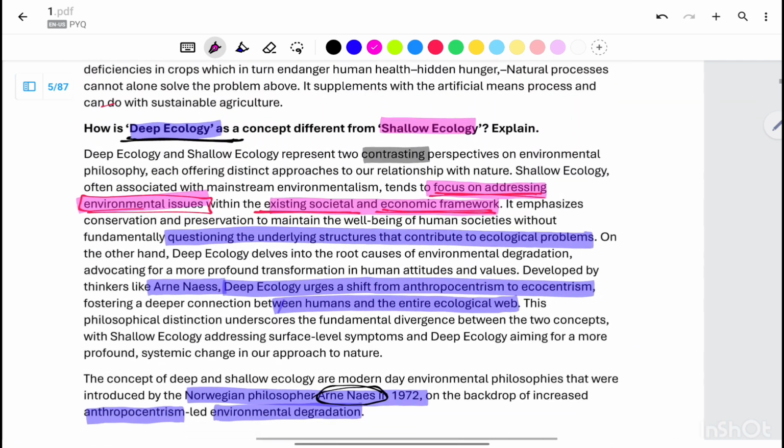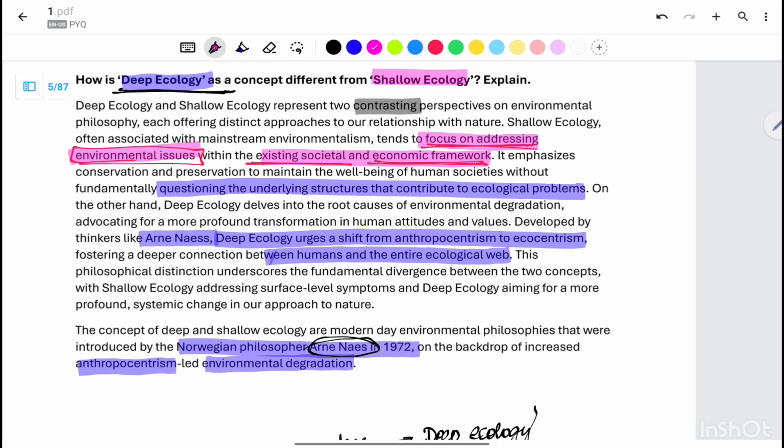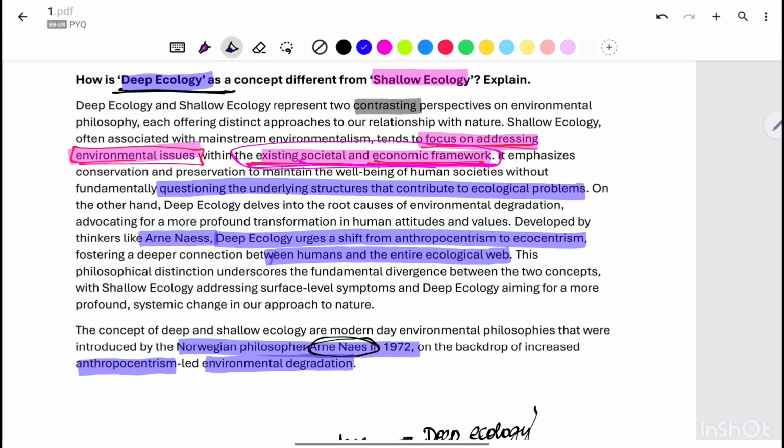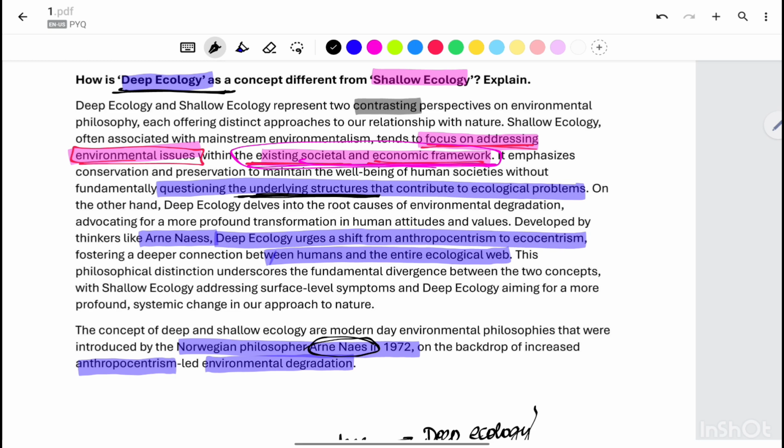We are going for a recap of deep ecology versus shallow ecology. When we have an environmental crisis and we use the pre-existing societal and economic framework, that is what we call shallow ecology. Whereas when we are dealing with deep ecology, what we are questioning are the underlying structures contributing to the ecological problems.